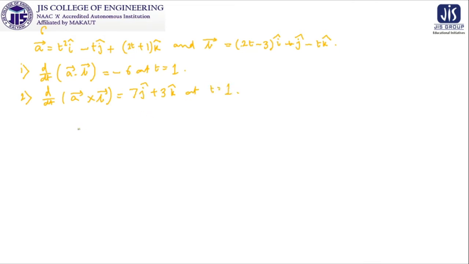So our job is to firstly find out what is a dot b for the first problem. Okay, so a is given, b is given, we know that i dot i, j dot j, k dot k are all 1, and i dot j is 0, j dot k is again 0, and i dot k is also 0.